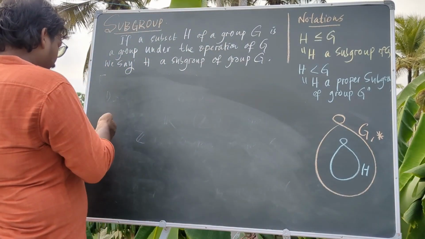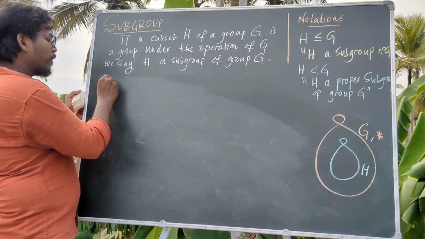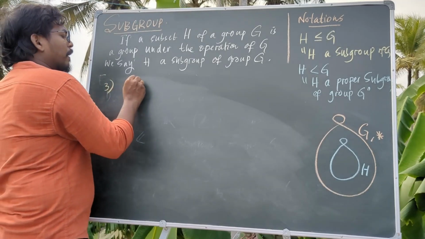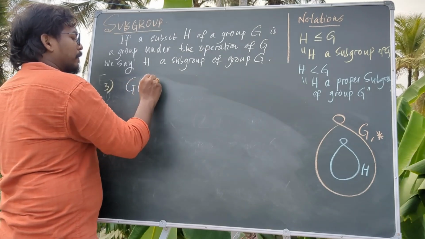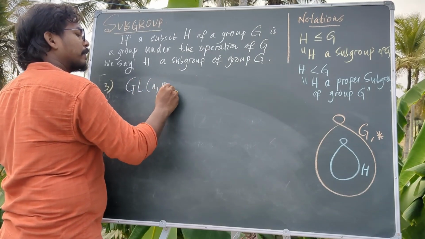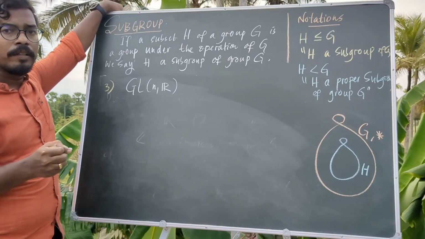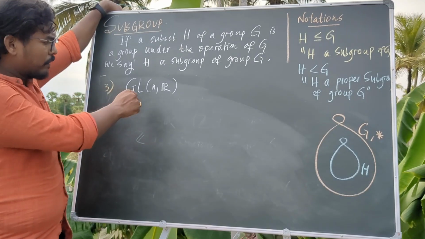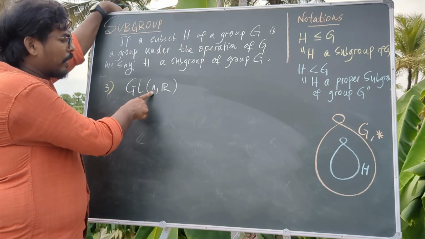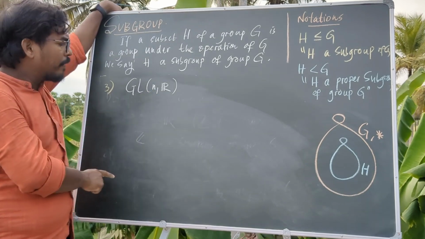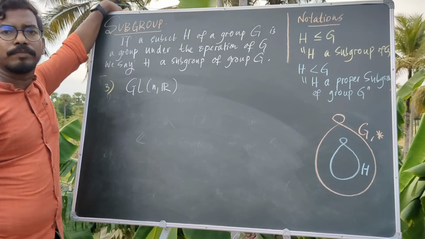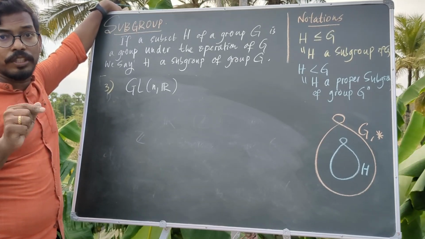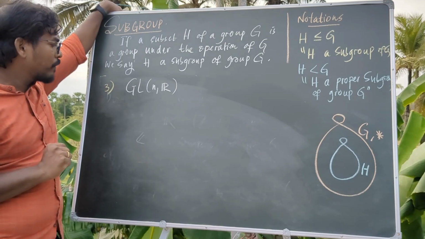Let us see another example. We have also seen GL_n(R). This is the general linear group. This is a set of square matrices of order n with real entries, and the operation here is matrix multiplication. Also the matrices have non-zero determinant, they are non-singular, they are invertible matrices.